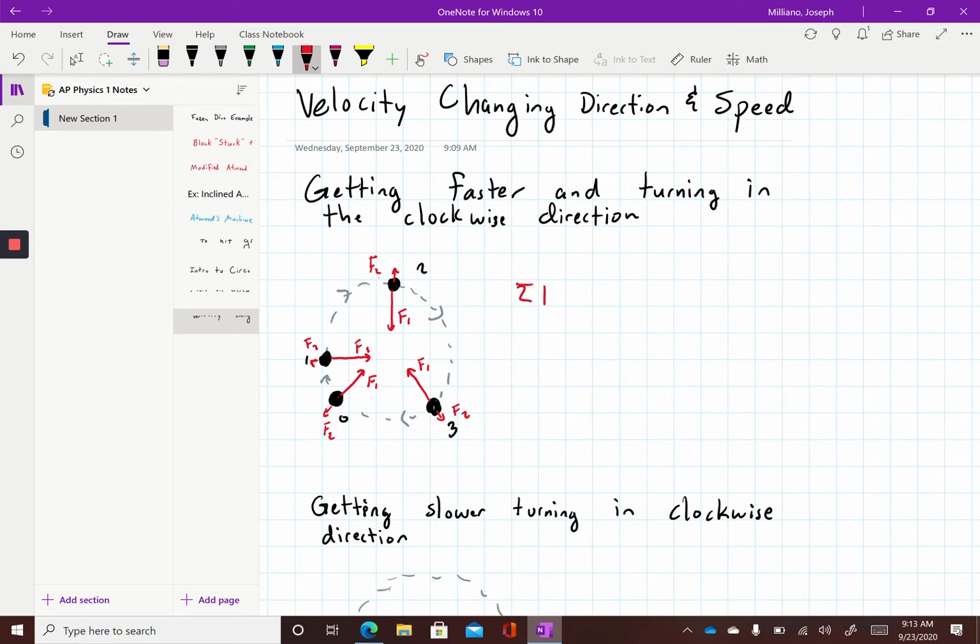So the sum of the forces in the radial direction is equal to F1 minus F2, and that's equal to m times your centripetal, or radial, acceleration.